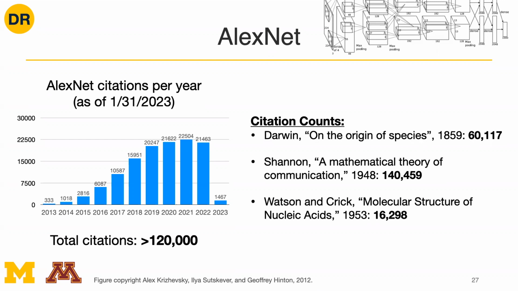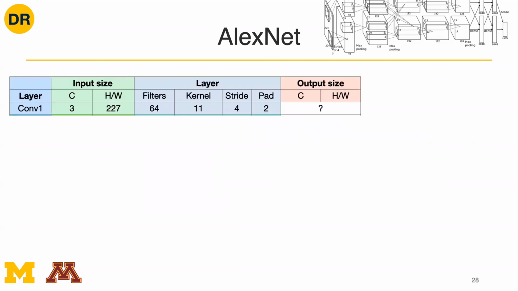Okay, and now getting into numbers. We saw in the previous lecture how to compute output size, right? So in AlexNet's first convolution layer, the input is a 3-channel RGB image with height and width of 227.